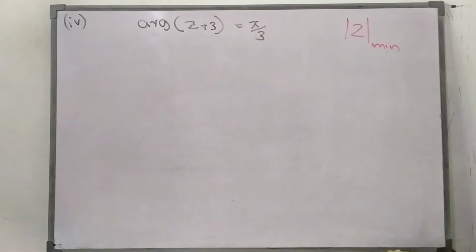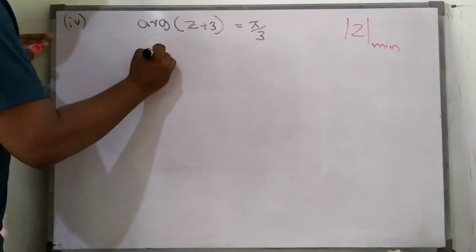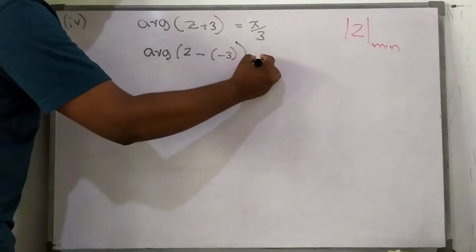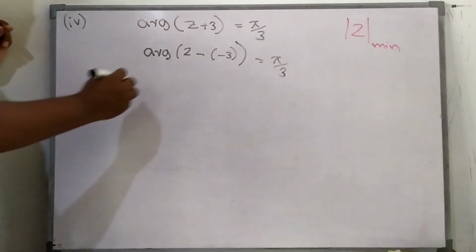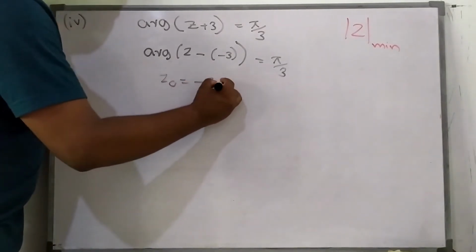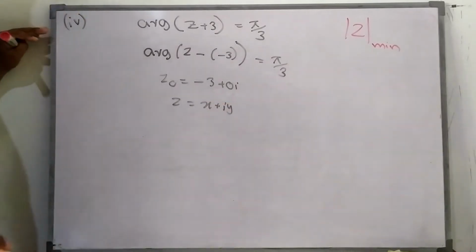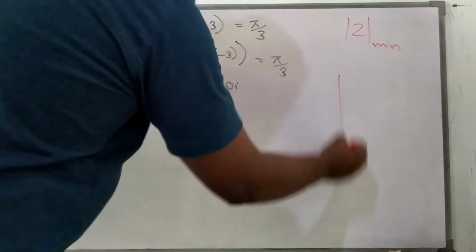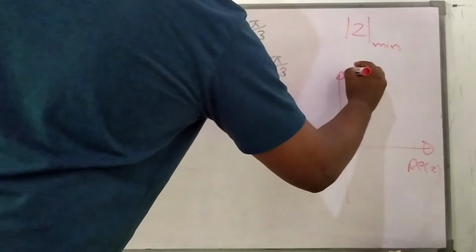Over here it's arg of z plus 3 equals 5 by 3. We just need the minimum of modulus z. So arg of z minus z naught, where z naught is minus 3 plus 0i and z is x plus iy. Therefore I am going to construct the real axis and imaginary axis.